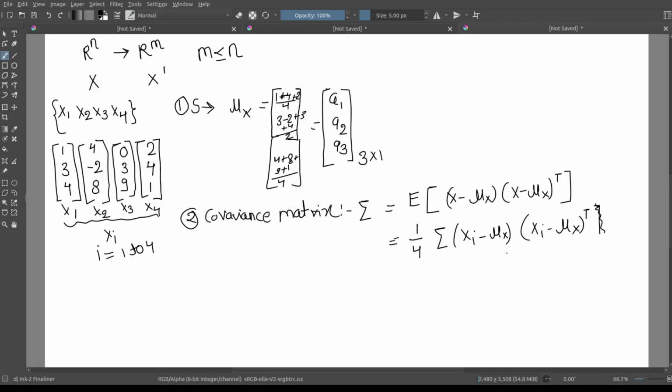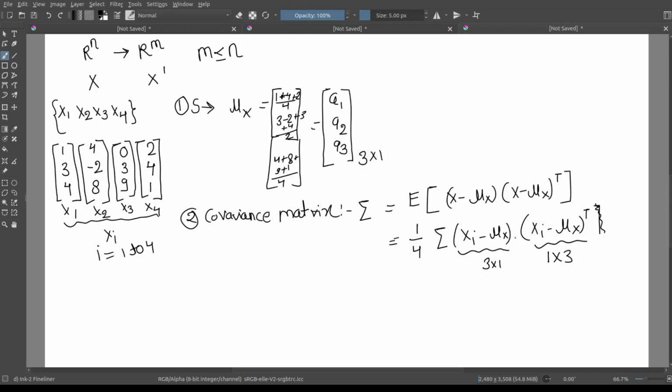See, first you do this operation, meaning you subtract a1, a2, a3 from 1, 3, 4. What dimension vector will you get? 3 cross 1. Now if you take the same result and transpose this vector, you will get 1 cross 3.